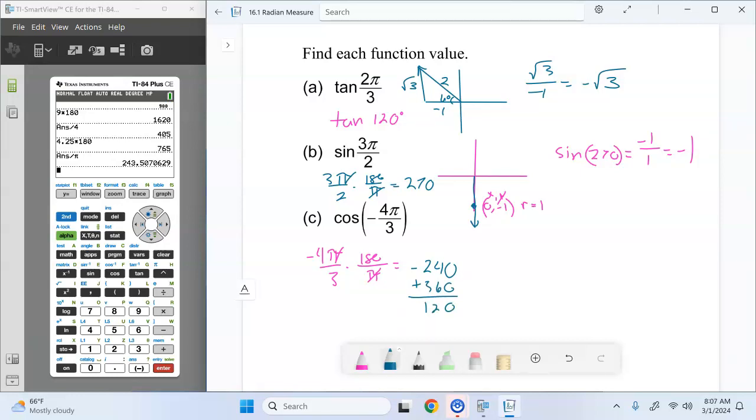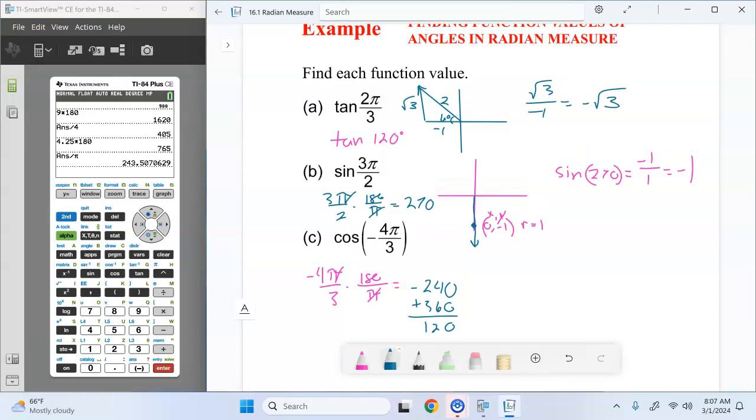Okay, so we're back in quadrant 2 again. All right, and so now we need cosine, so we can just use this triangle again. What's cosine going to be? Okay, same triangle. Okay, is that it? Yep. Boom, see, told you, quick and easy.